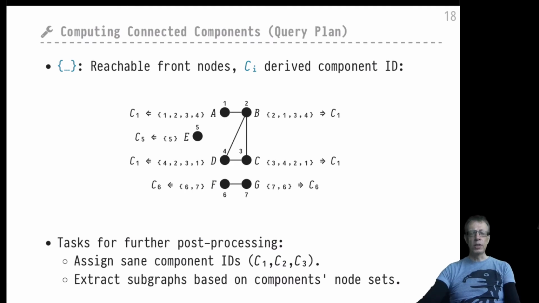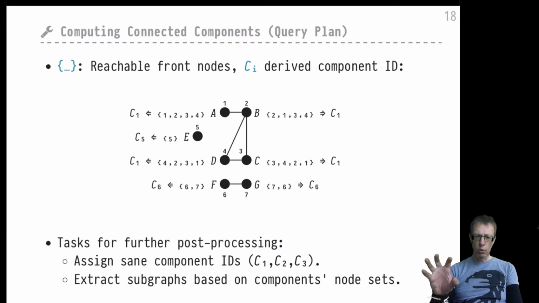Well, this is not nice, but some post-processing would easily map these irregular or unfortunate component IDs to sane component IDs that are just named C1, C2, C3, or any other naming that we prefer. So that would be simple post-processing that we would perform. We could also extract the subgraphs.